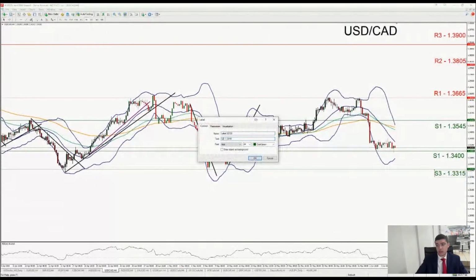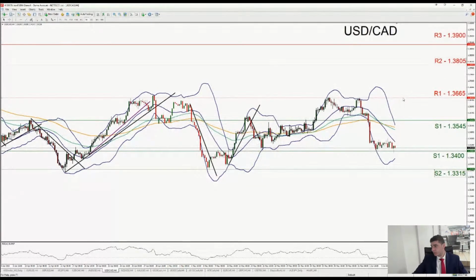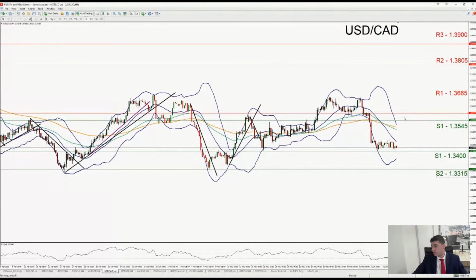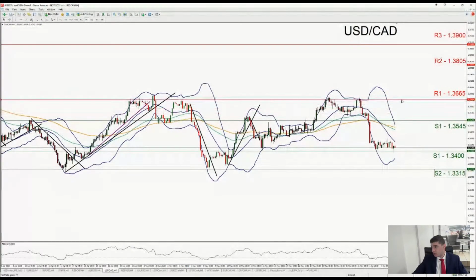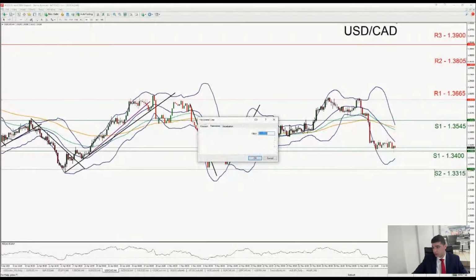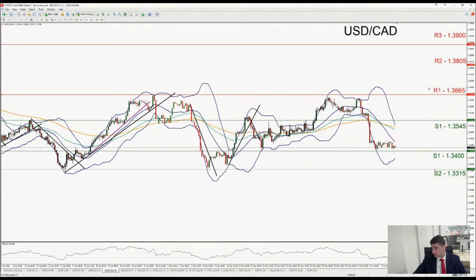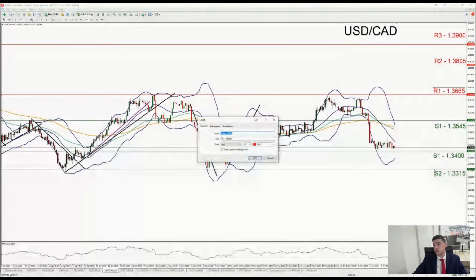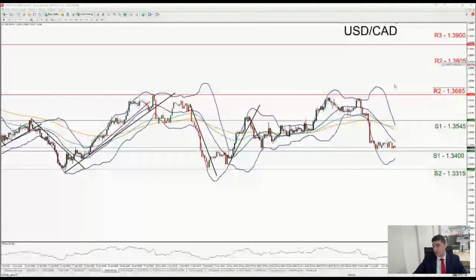So S3 becomes S2. R1 actually is maintained at 1.3665, as our previous S1 has now turned resistance. So support and resistance. This becomes R2, R2 becomes R3.